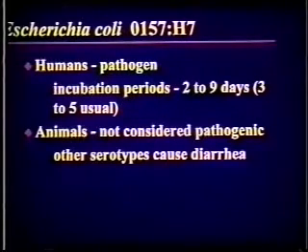Since that time, there have been many studies in the area of food hygiene, not only about the disease in humans, but also the prevalence of this specific organism in domestic animals, and particularly in cattle.